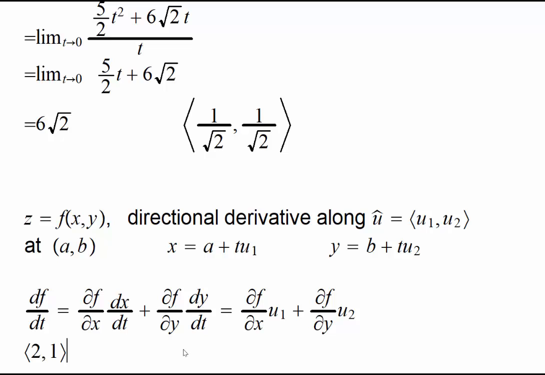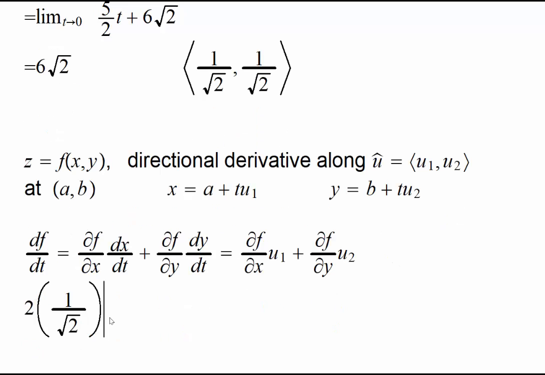Then plus, remember, the derivative with respect to y, no, that was a 4, I'm forgetting. That was a 4. And then 8 was the derivative in the direction of y at the point (2, 1). So we get 12 over square root of 2, which comes out to be 6 square root of 2, right?